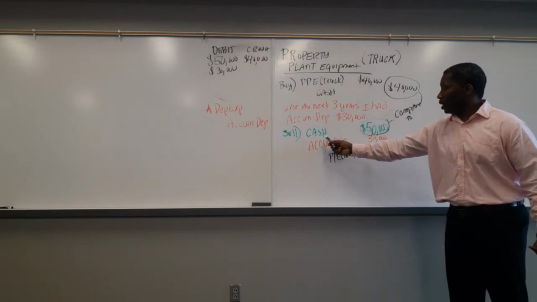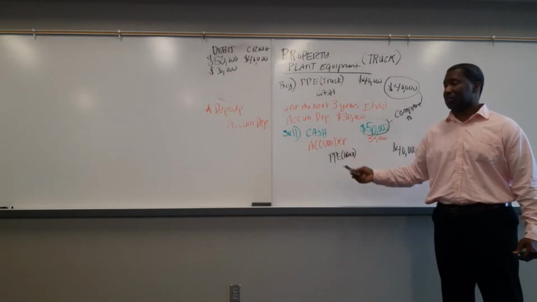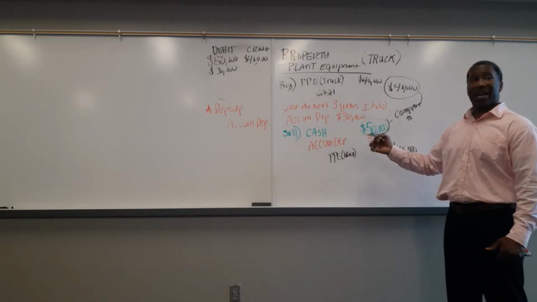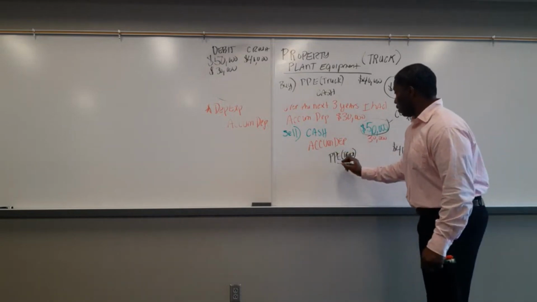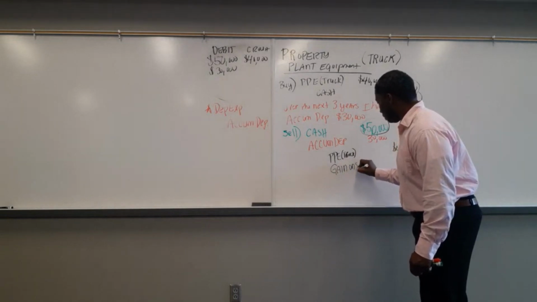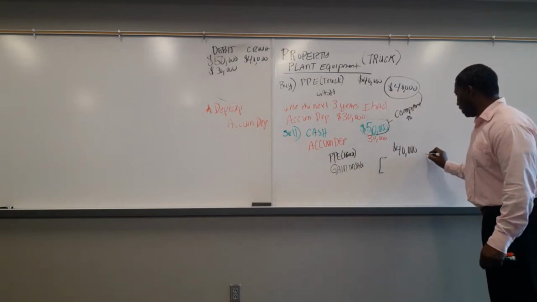So you can either try to memorize that you always credit gain and always debit loss, or understand that based on the book value of what we have here, that's what's going to tell me whether I debit or credit. So we know that there's going to be a gain. Gain on sale. I'm going to do this like this because I want to make sure I emphasize what's going on, okay?